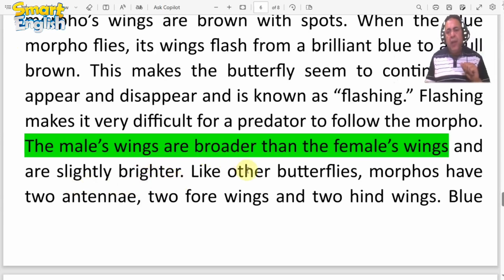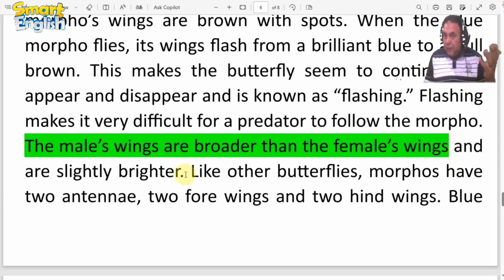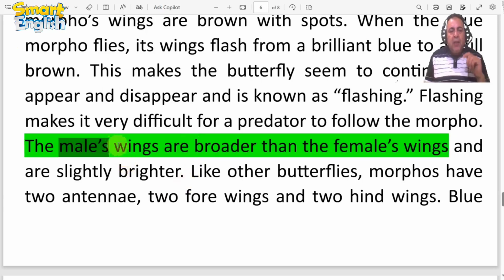So if we read from here, this makes the butterfly seem to continuously appear or disappear and is known as flashing. Flashing makes it very difficult for a predator to follow the morpho. What else? What more information? The male, this is the first keyword. Second one, wings.